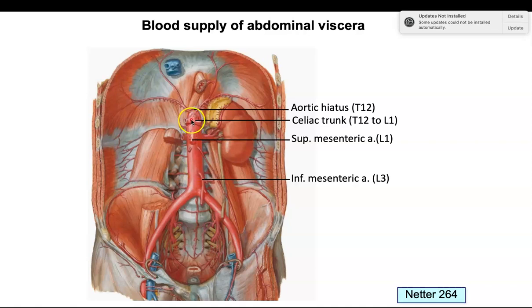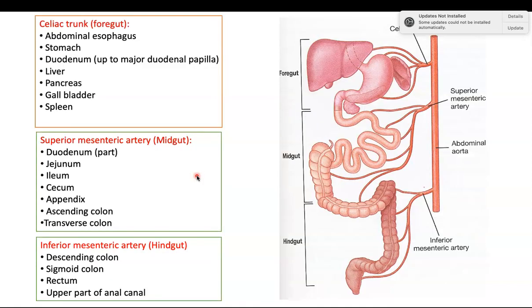So the celiac trunk, superior mesenteric artery, and inferior mesenteric artery, which are arising from the ventral aspect of the aorta, these three branches of the abdominal aorta are responsible for the blood supply of the luminal GI tract mainly, and also the other abdominal viscera as well. Now, as we describe the blood supply of the abdominal viscera, we relate it to the embryonic origin of those structures.